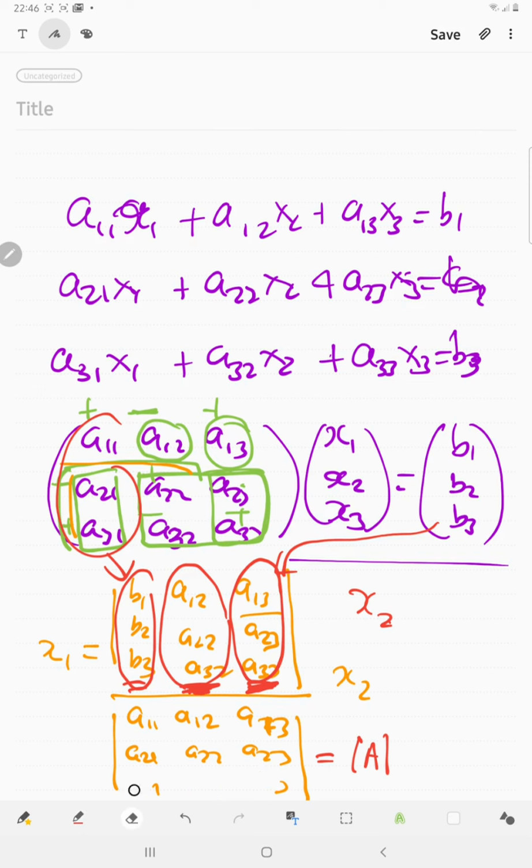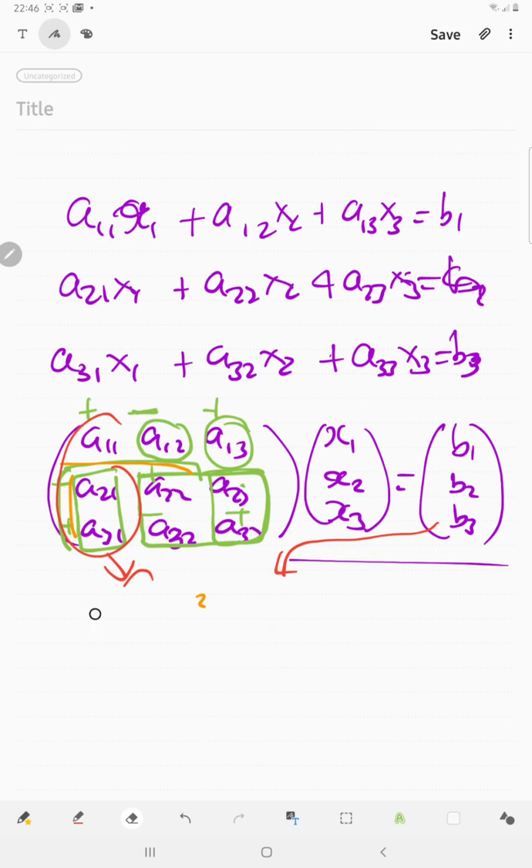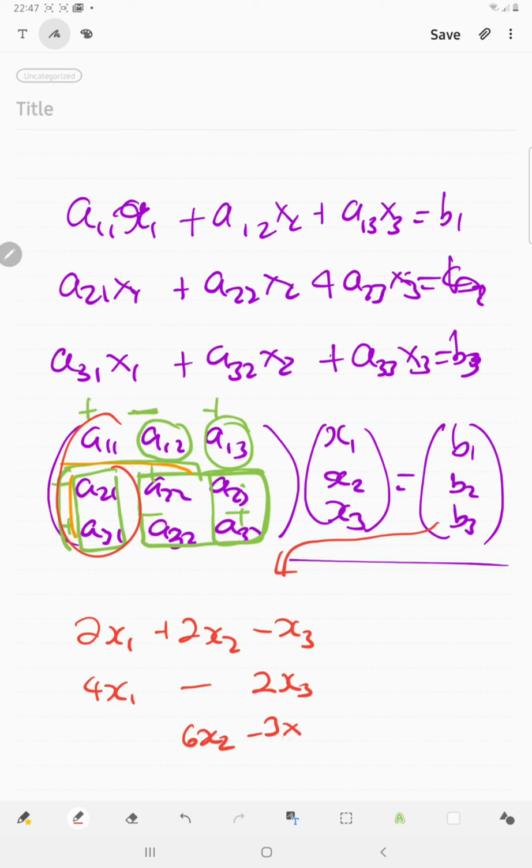Then we solve them in that process. If you are given an expression like the following: 2x1 plus 2x2 minus x3, and then 4x1, and there is nothing there, and 2x3, and 6x2 minus 3x3, where I've got -3 there, and 8 and -12.